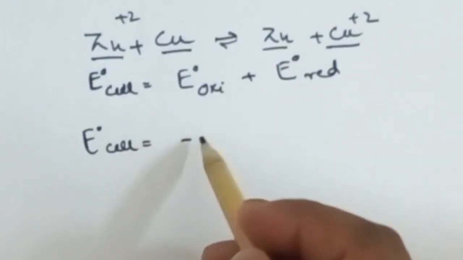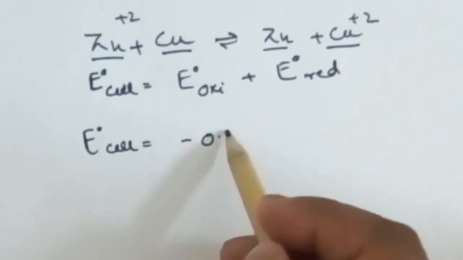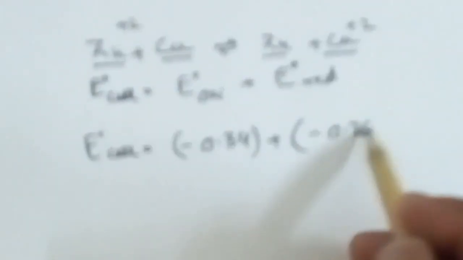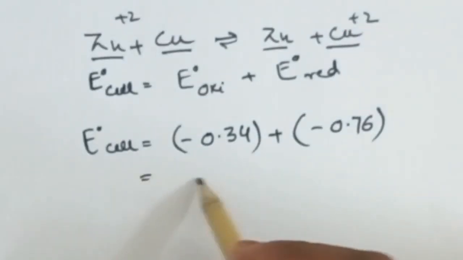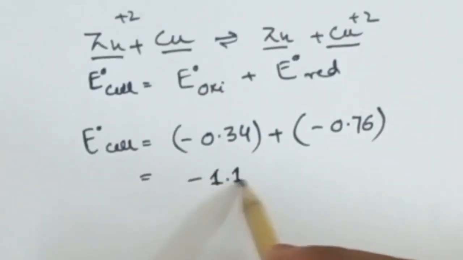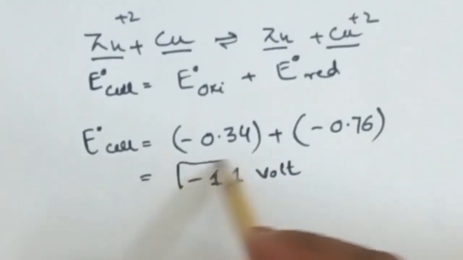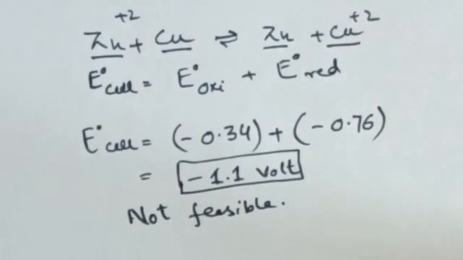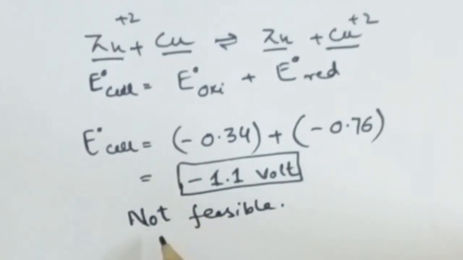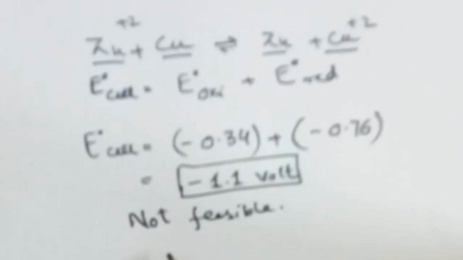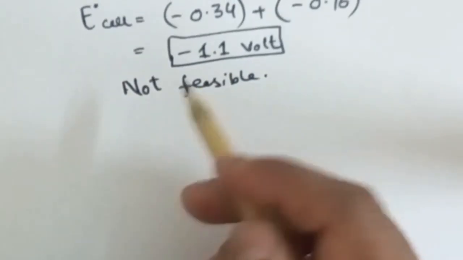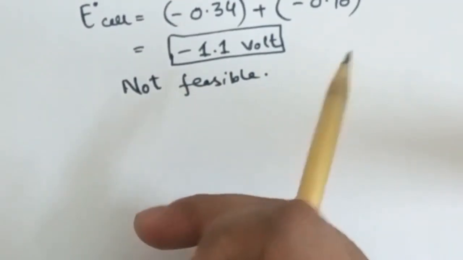The oxidation value for copper is now with the opposite sign, minus 0.34, and for zinc it is minus 0.76. By adding the two values we get minus 1.1 volts. It means the sign is negative, so such reactions are not feasible. In this case, zinc cannot oxidize copper. In the first reaction, copper can oxidize zinc.